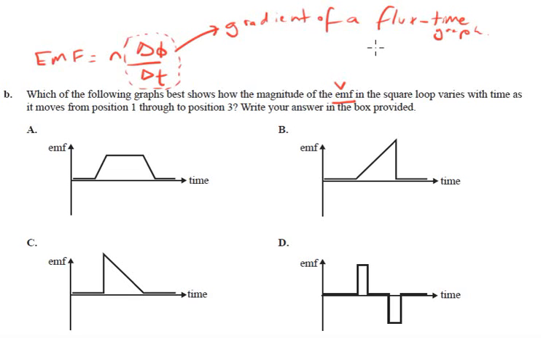Our flux time graph in question 8a looked like flat, up, flat, down, flat. So the really hard thing is to look at this and say, how does the gradient change?